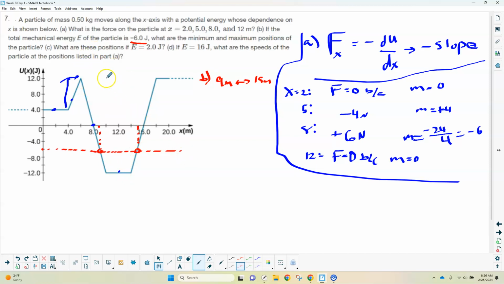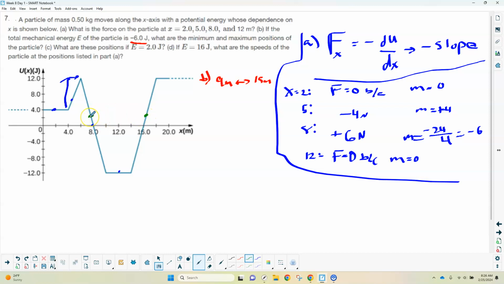For letter C, it says what are these positions if 2 joules is the value. So we're going to evaluate it the same way. For 2 joules, we're going from here to about here.